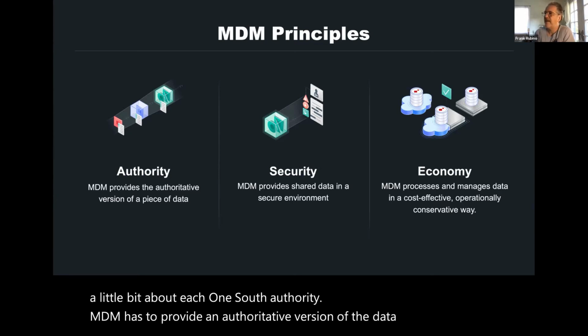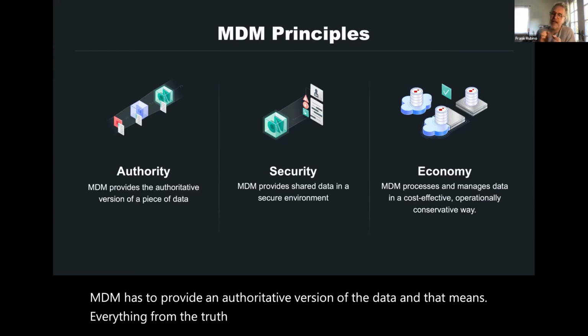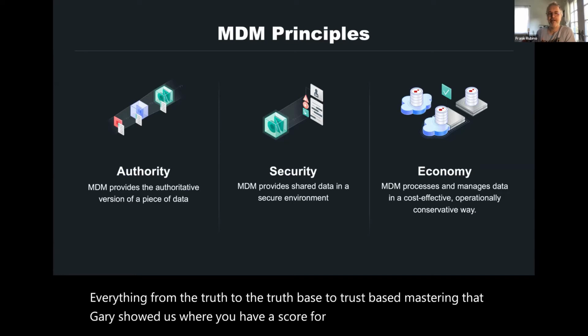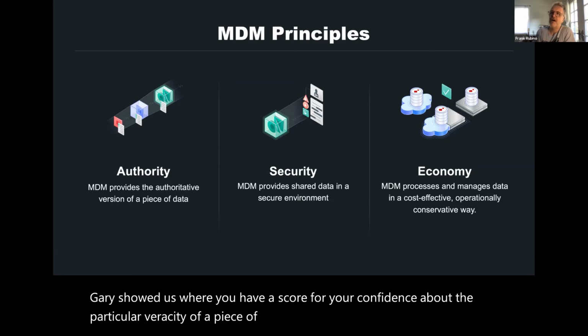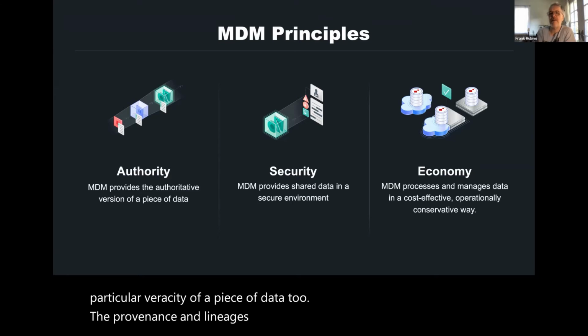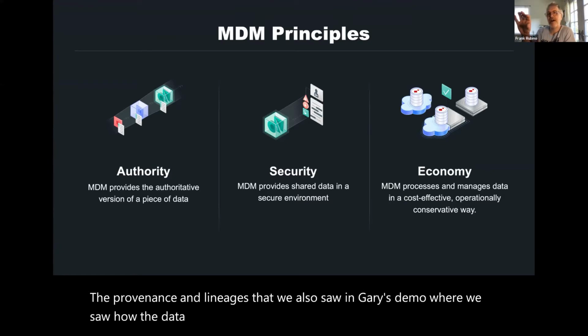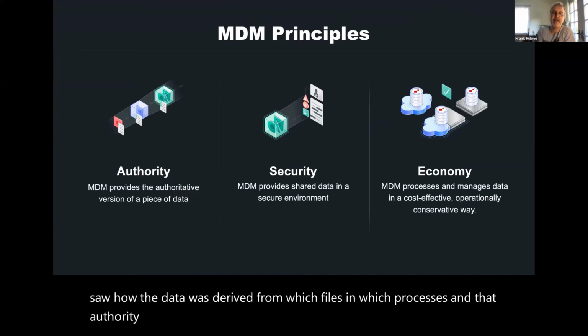That means everything from trust-based mastering that Gary showed us, where you have a score for your confidence about the veracity of a piece of data, to the provenance and lineage that we also saw in Gary's demo, where we saw how the data was derived from which files and which processes. That authority is what the business depends on to make decisions.